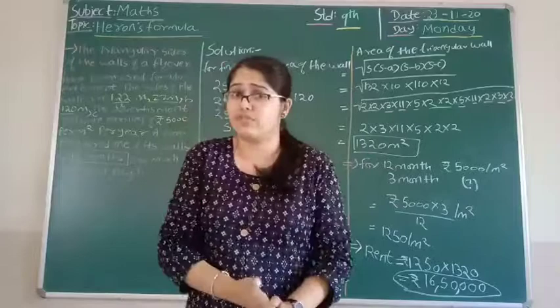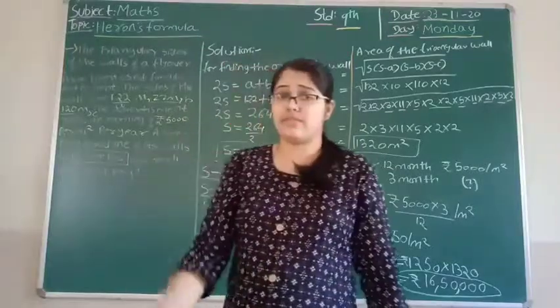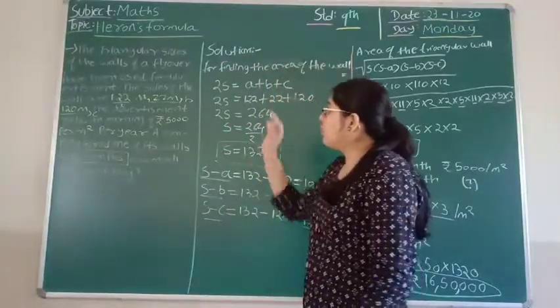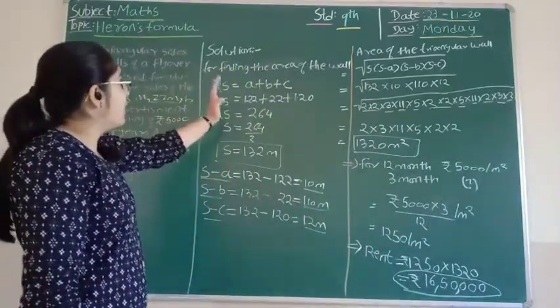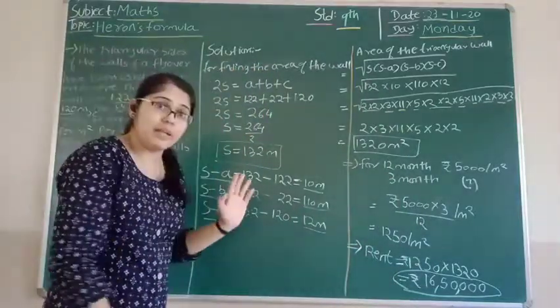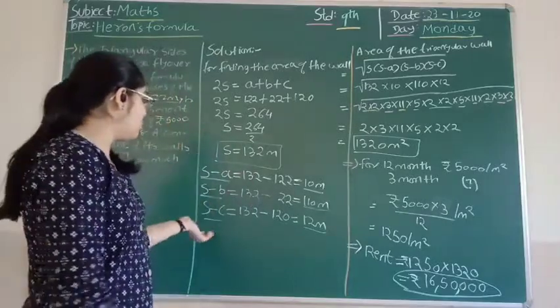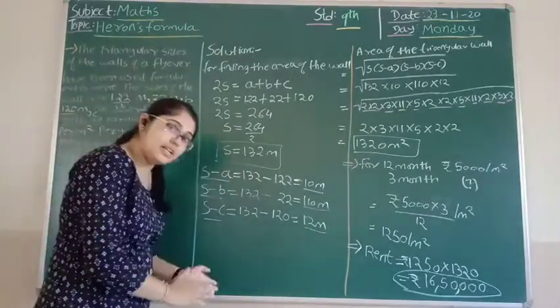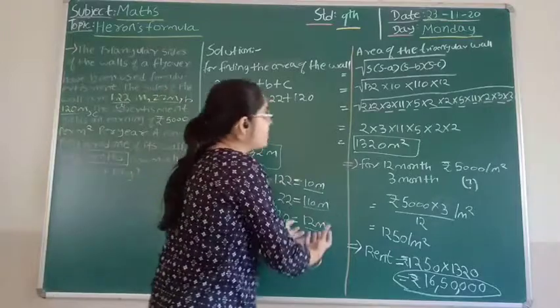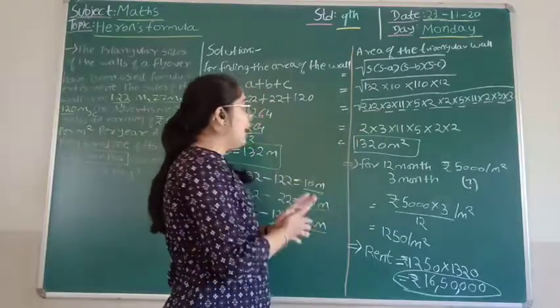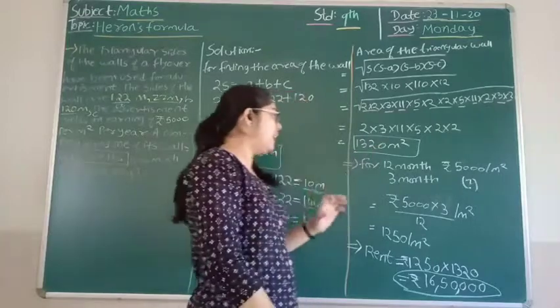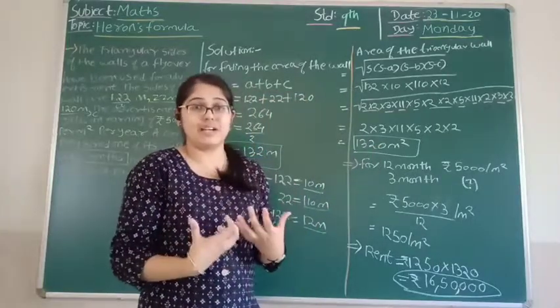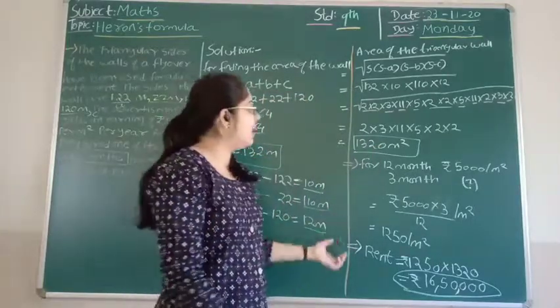Quickly we will review this sum. What we have done till now, we found the semi perimeter. By that we were able to find s minus a, s minus b, s minus c. Plugging these values in the formula, I finally get 1320 meter square, and then we have been asked for 3 months. So for 12 months it is 5,000 per meter square.